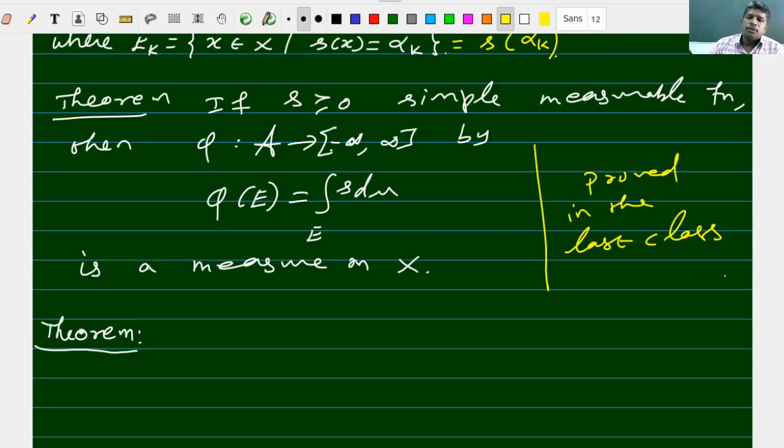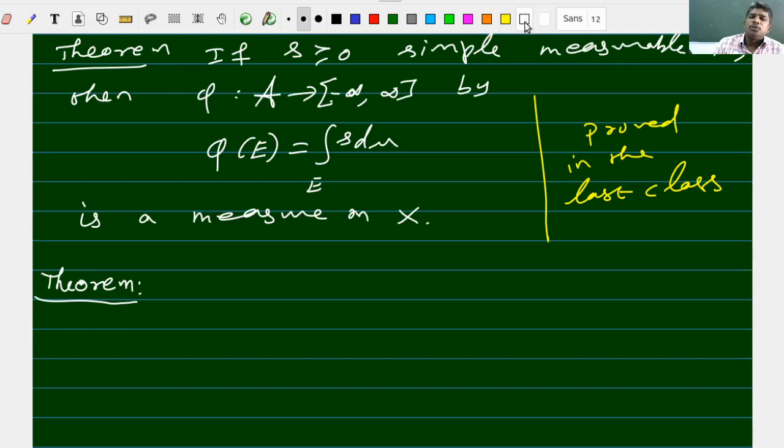In this class we continue to discuss the properties of the integral of simple non-negative functions. Suppose s and t are two non-negative simple measurable functions.